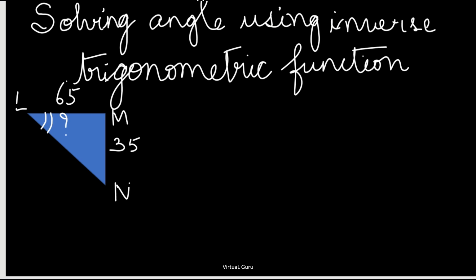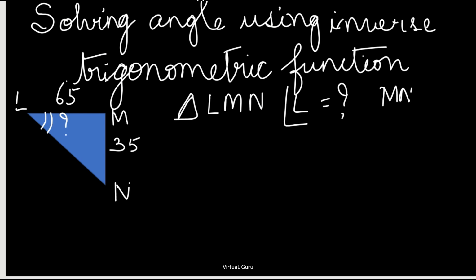This was a problem which we were discussing. Let's continue with that. So we have this triangle LMN and the angle L is not given. I'm sorry, it's 65 degrees. MN is given, then LM is given.